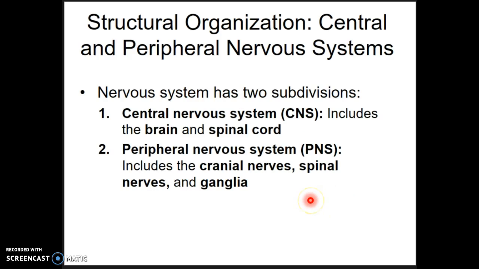One thing that we're going to do over our entire nervous system unit, including today and on, is start organizing things into, is this a collection of cell bodies or is this a collection of axons? We're going to talk about the anatomy of the neuron cell itself. There are cell bodies and they have these long extensions called axons.